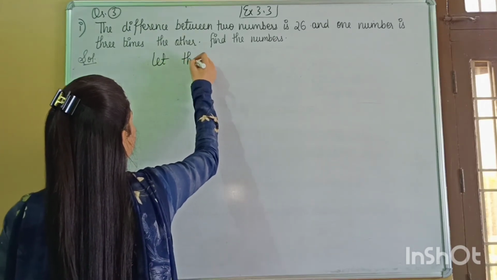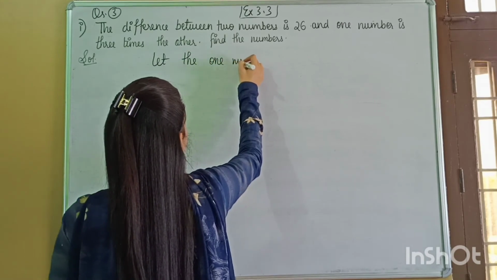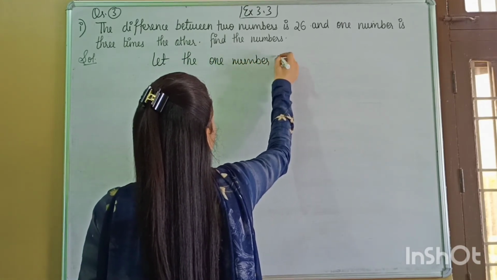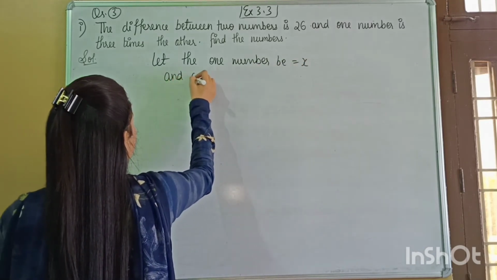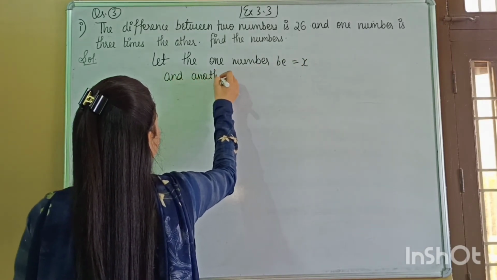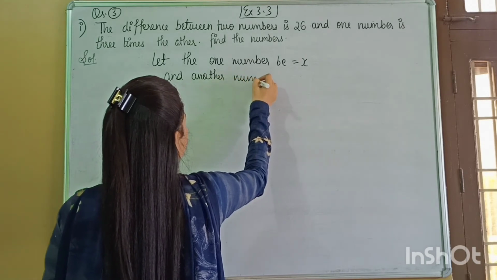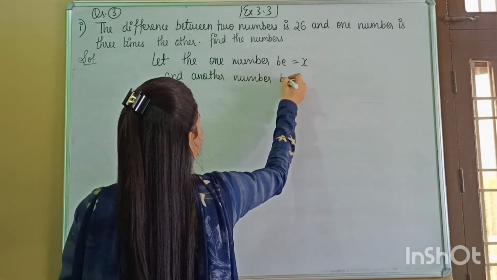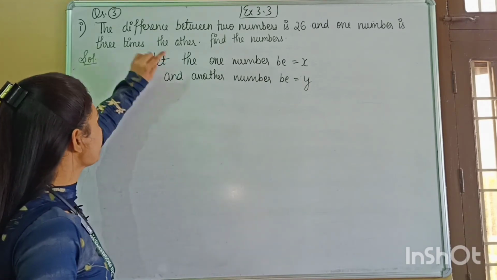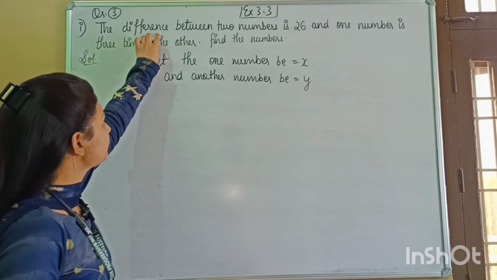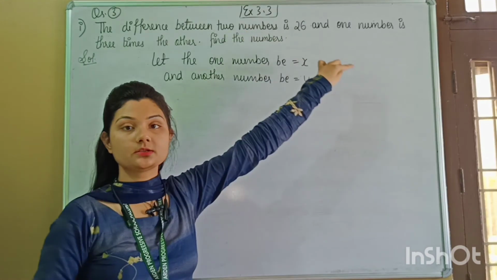Let one number be x and another number be y. Now we will make the equations. The first equation will be made from here: the difference between two numbers is 26.